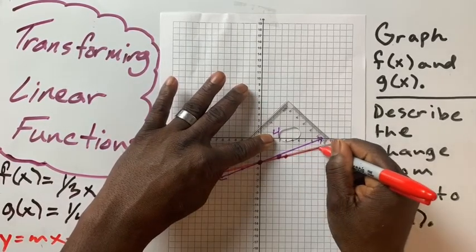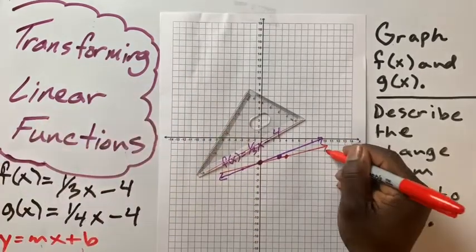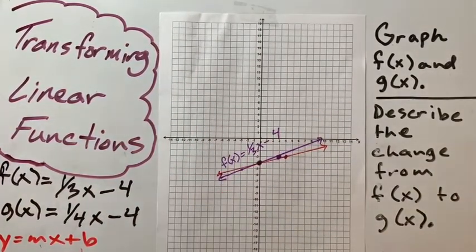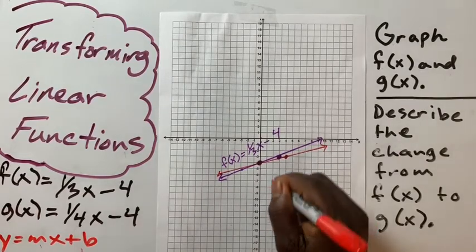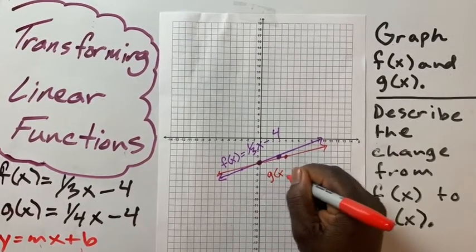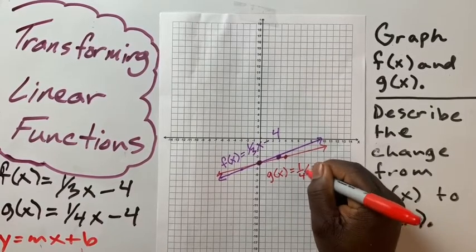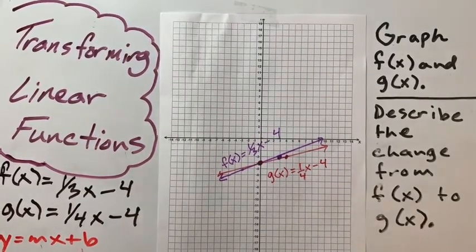And I'm doing it with a red line this time. Okay, that is g of x equals 1/4 times x minus 4.